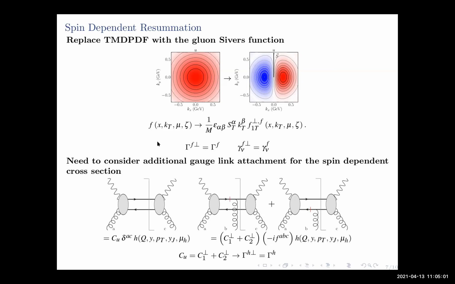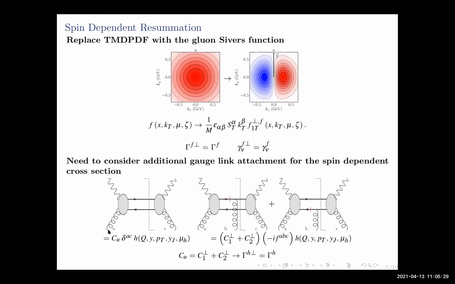One of the things that Rajesh mentioned is that when you calculate the process dependence for the gluon Sivers function, you also have to consider attaching this gauge link to these external particles over here. So what do we do? In order to consider also the hard part, we can write the hard function for this process as an unpolarized color factor times some kinematic function, and then there's this delta AC, which I'll discuss in a minute.